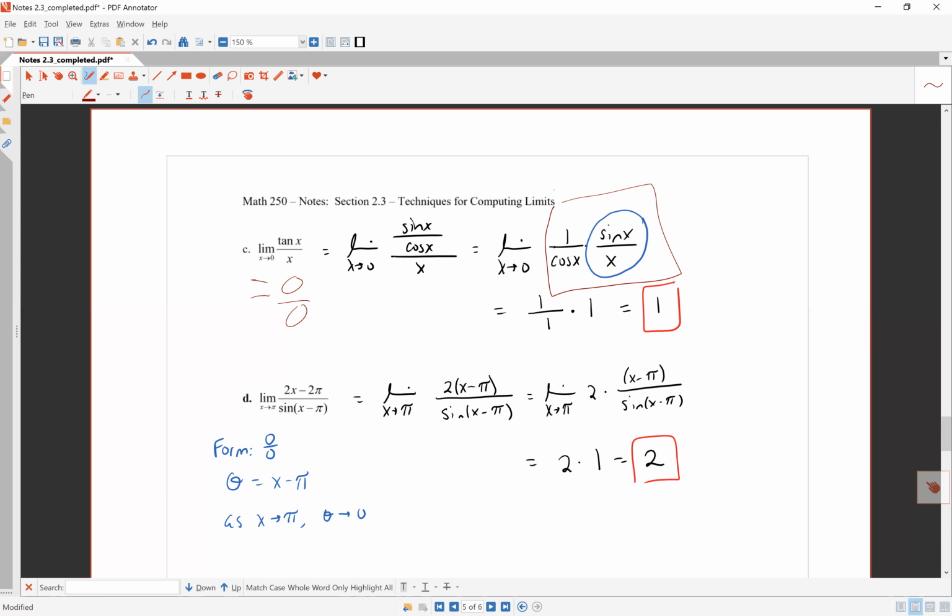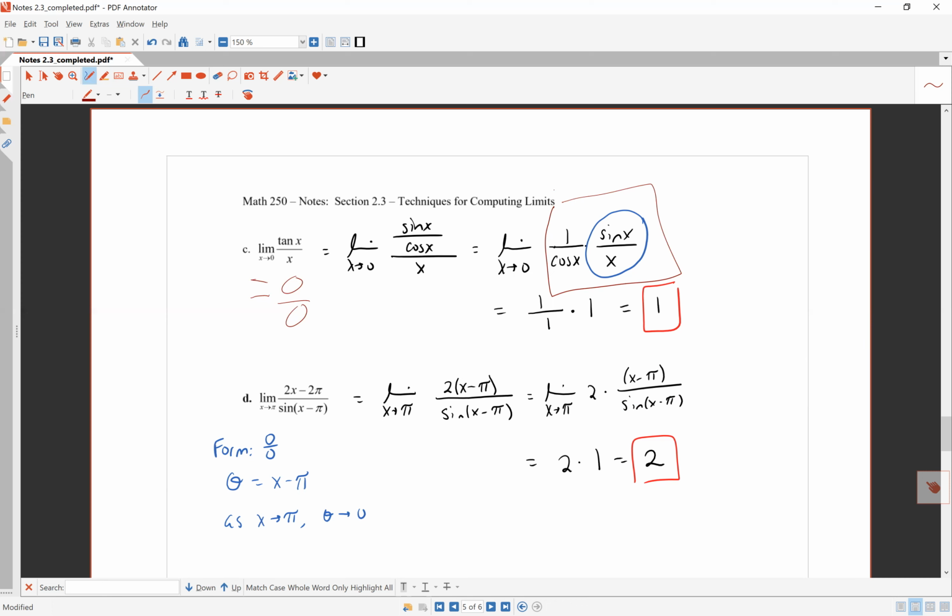So again, you just have to use some kind of algebraic trick, the same thing as D. You want to get it in the form of something like sine of x over x, where whatever you're taking the sine of, you want the denominator to be the same thing.